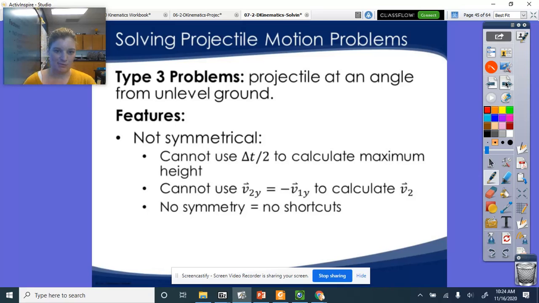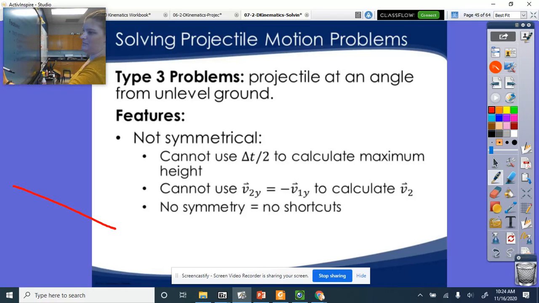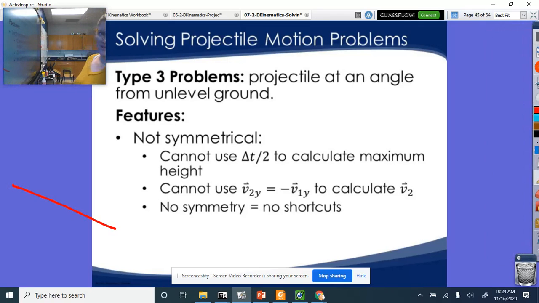Okay, last type of problem. This is when we have a projectile going at an angle, but the ground isn't level. So maybe we're at the very top of a hill, and when you were kids, remember you would try to punt something down the hill and make your friends go chase it?